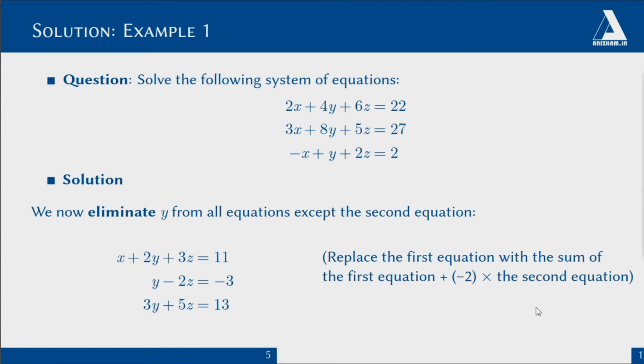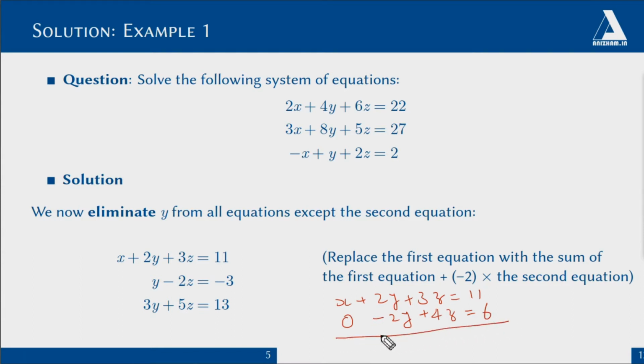So that will be, the first equation is x plus 2y plus 3z equal to 11, and minus 2 times the second equation is, since there is no x term, this will be 0, minus 2y plus 4z equal to 6.